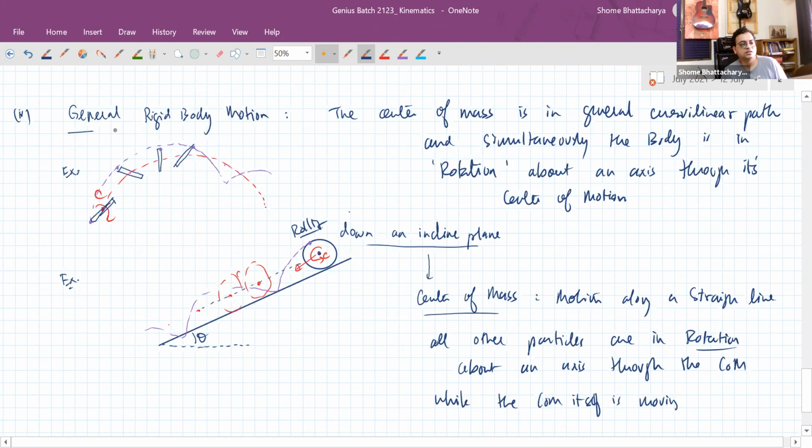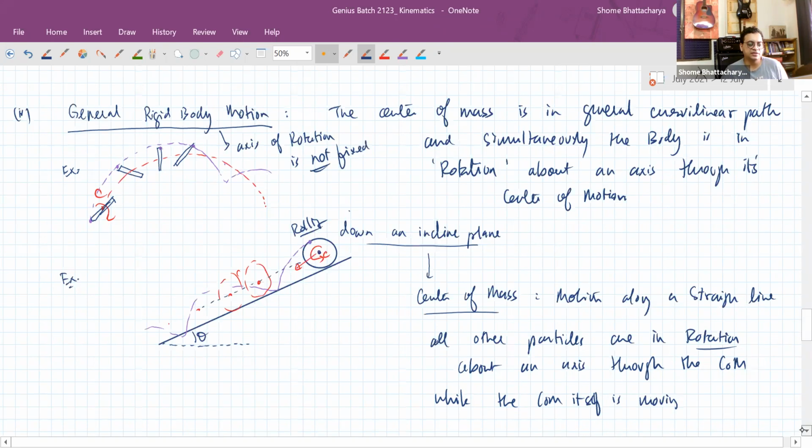So in this general rigid body type of motion, you can see that the axis of rotation is not fixed. It's not a fixed axis.